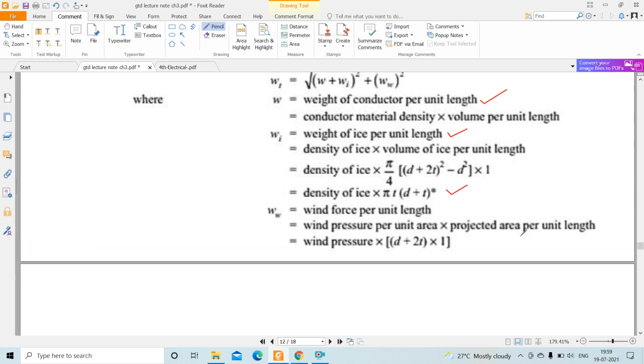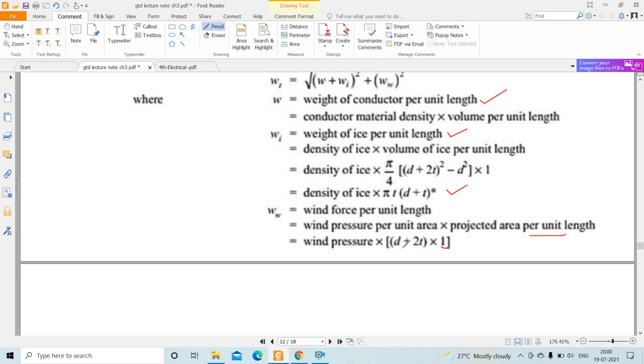So for a unit length of conductor, wind force per unit length is the wind pressure into (d plus 2t) into 1. This is the area: (d plus 2t) into 1. Length is 1 because we are taking per unit length, but the width is d plus 2t.